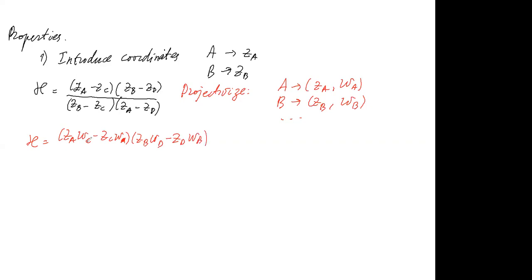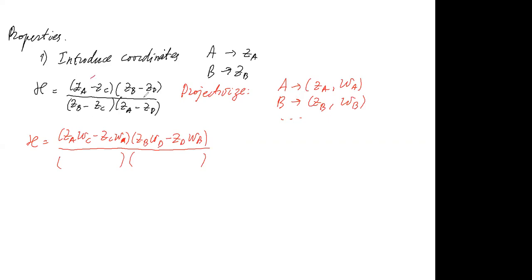I'm not going to write it down completely to save some time, but I think it's not difficult to write it down. And clearly, now it's evident that this formula does not depend on the choice of representative of homogeneous coordinates. If you multiply ZA and WA by the same scalar lambda, it will cancel out.